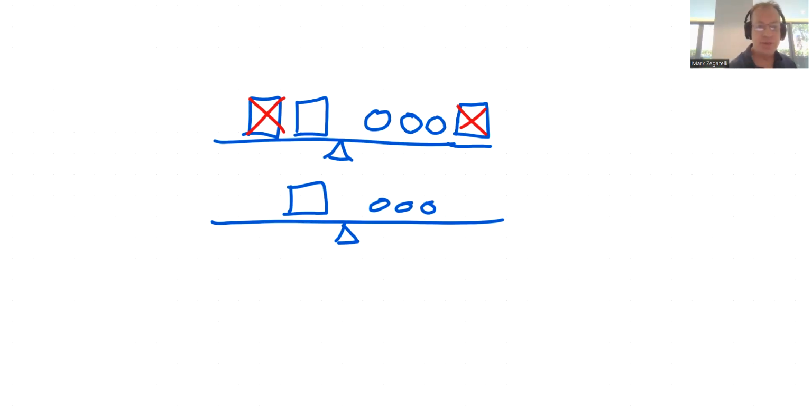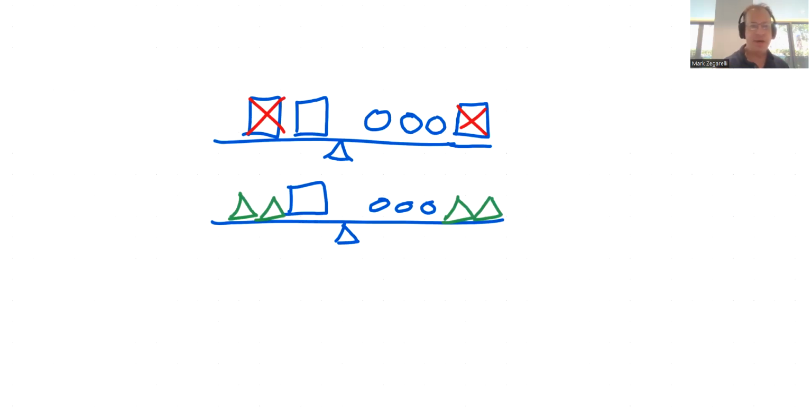And then what's also true is we can add the same thing to both sides, as long as we add the exact same thing to both sides. So for example, if we add a green triangle or 2 to this side and a green triangle or 2 to this side, as long as we put the same amount on both sides, the balance scale stays balanced.